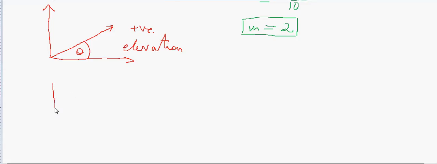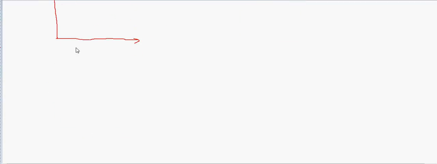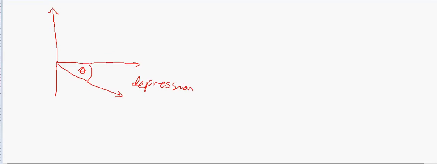If it goes the other way, where the gradient is below the horizontal, the angle of this gradient is known as the angle of depression. That's because the gradient is lowering and it is below the horizontal. It is decreasing.